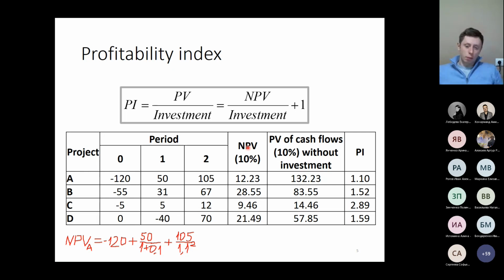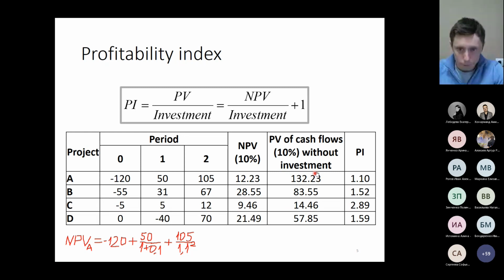We wouldn't say that present value is the one where we do not include investment, and NPV is the one where we would include investment, because it might be misleading when you will start working with other materials. But in this case, we cannot say NPV if there is no investment included, but we can say PV if there is investment included or not included. In this case, we have two alternatives.